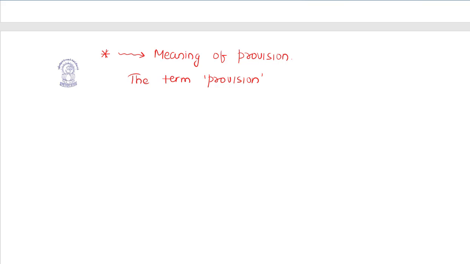The term provision refers to any of the following amounts.